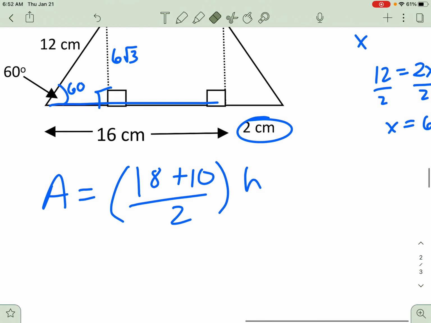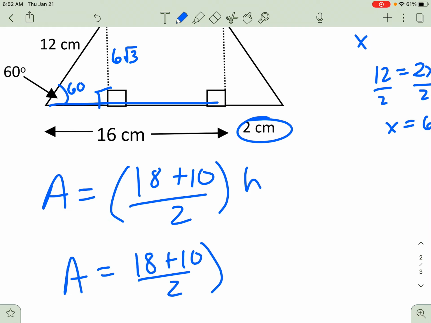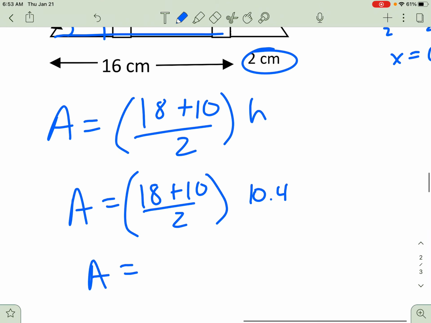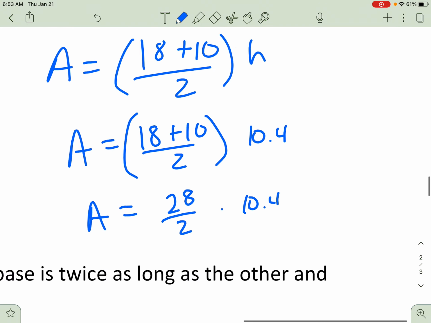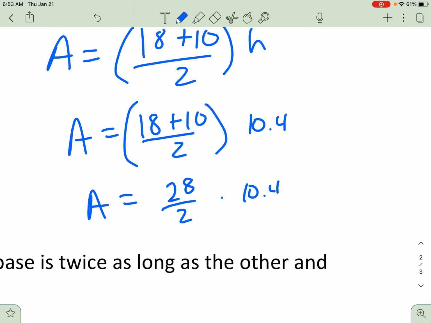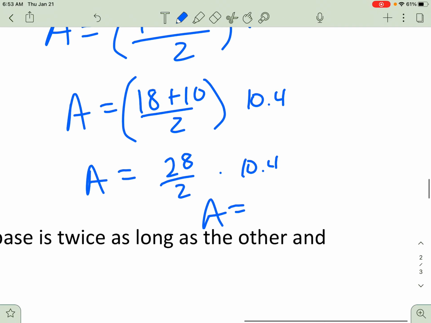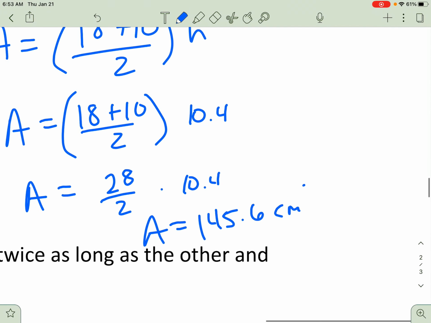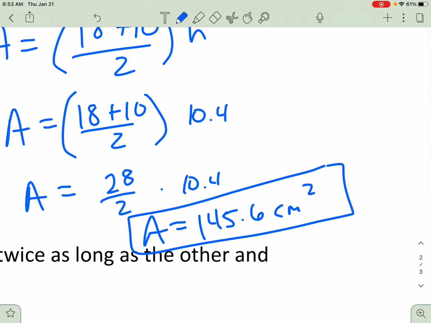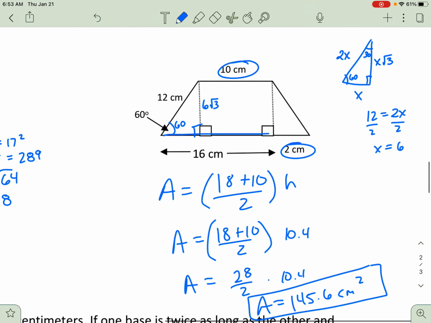Okay, so radical 3 times 6 is about 10.4. Okay, so we got 28 divided by 2 times 10.4, which is 14 times 10.4, which is 145.6 centimeters squared. So there you go, a little bit of Pythag.